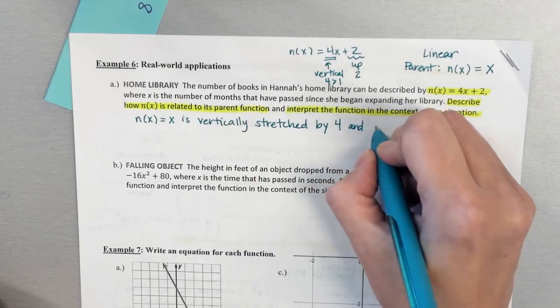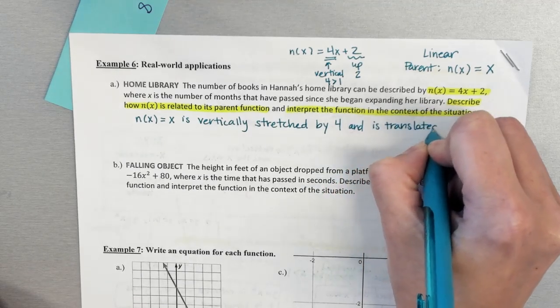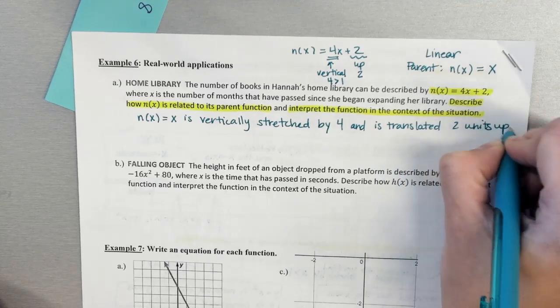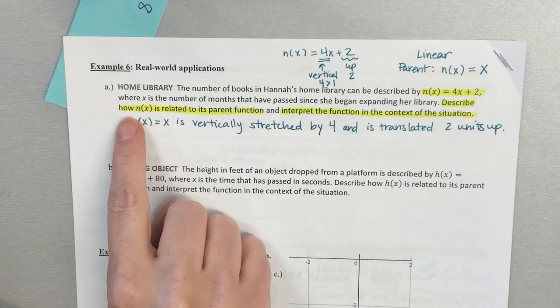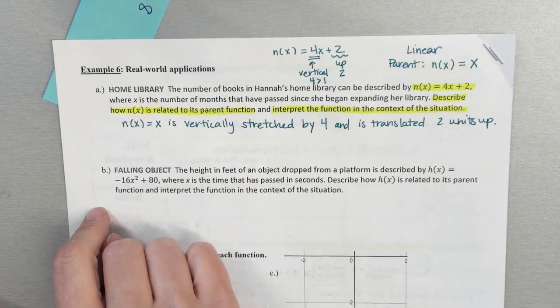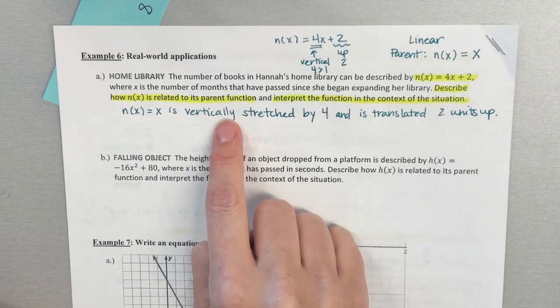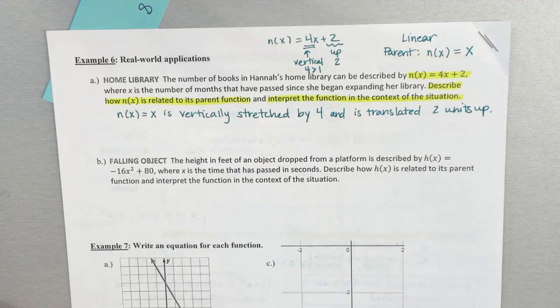And is translated 2 units up. So that's the first part. That's the description. N of x equals x is vertically stretched by 4 and is translated 2 units up. That's how it's related to your parent function.